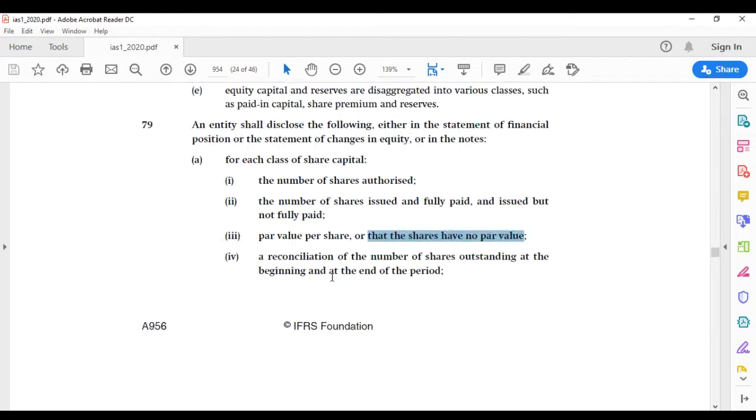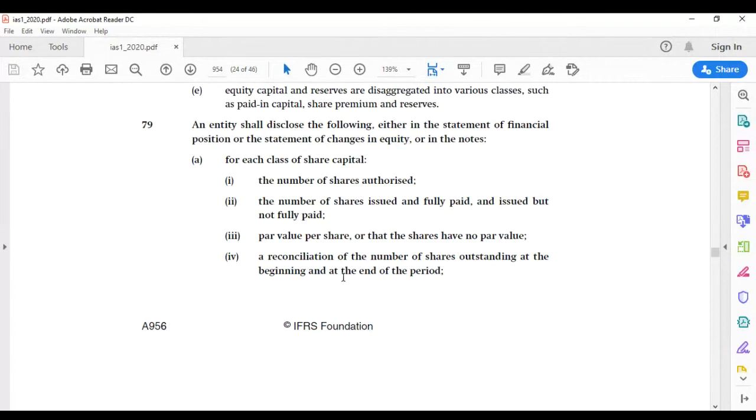The other one that we already know about, you've already done that last term when we did share capital. In the share capital note, we must provide a reconciliation of the number of shares outstanding, also referred to as the number of shares in issue, at the beginning and at the end of the period.